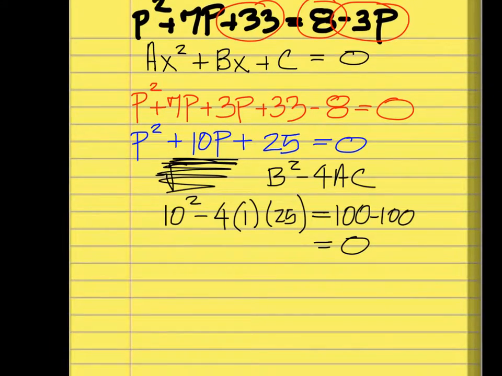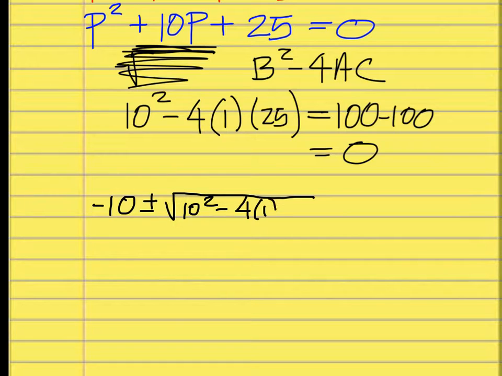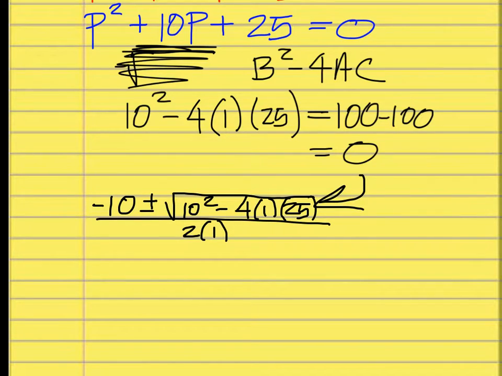So we could work this out from here and do a negative 10 plus or minus the square root of 10 squared minus 4 times 1 times 25 over 2 times 1. We've already done the discriminant in here.